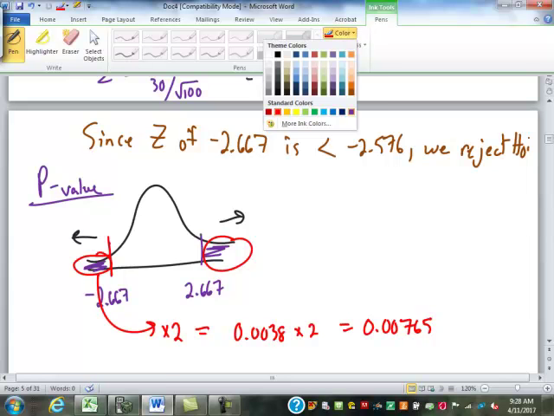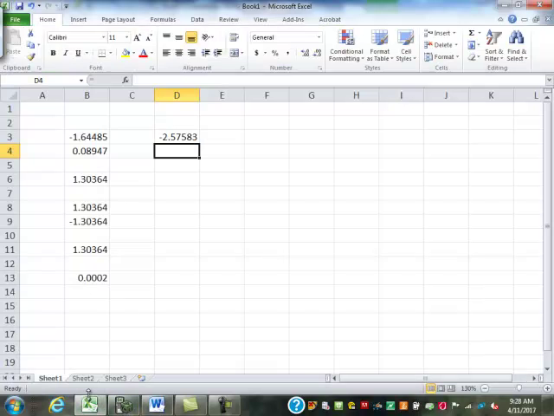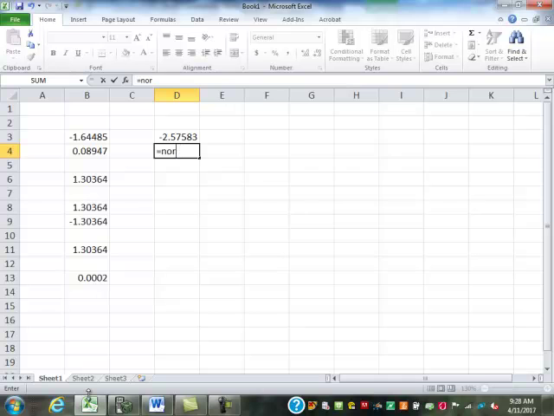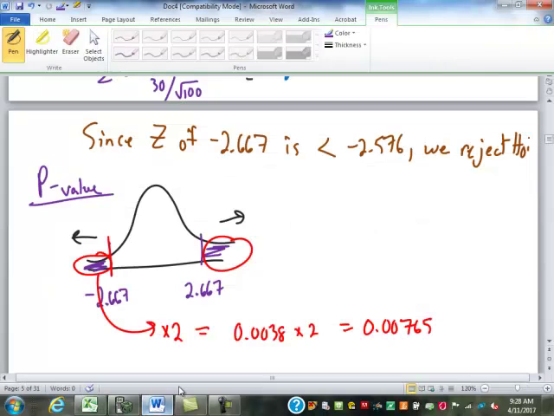Let's double check this in Excel. In Excel, we're looking at less than, so it's just going to be equals NORM.S.DIST. Remember, we have to have the S in there, of negative 2.667. And there it is, 0.00383. We have to multiply that by 2 again, just like we did here.